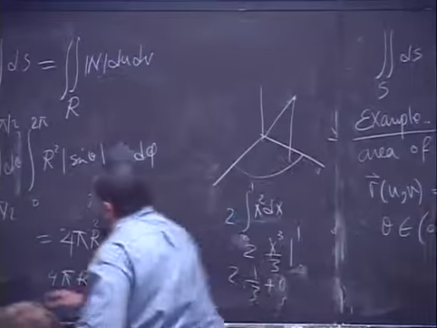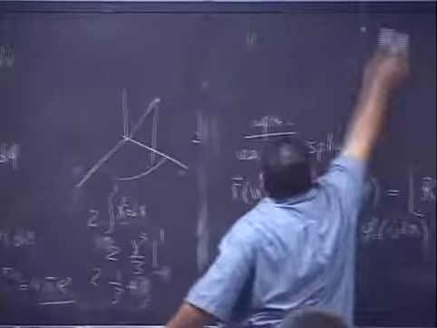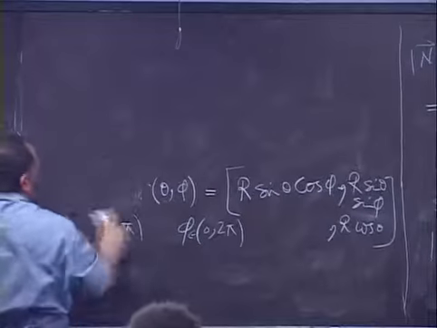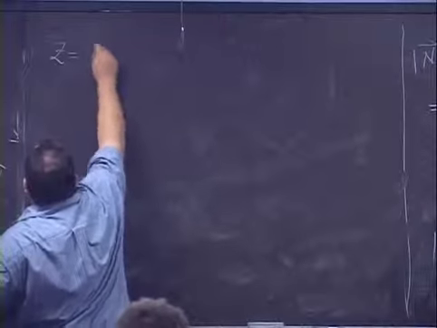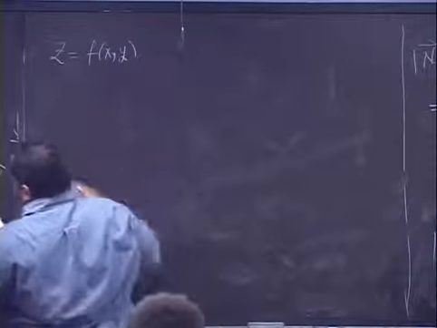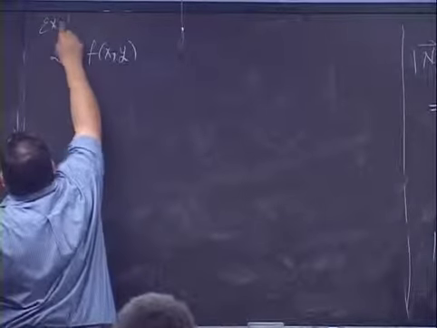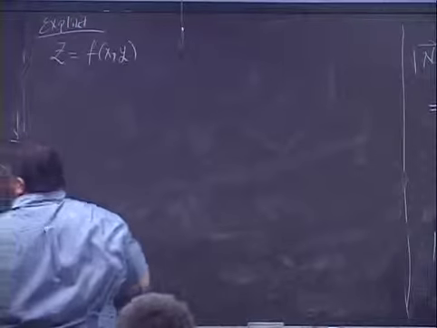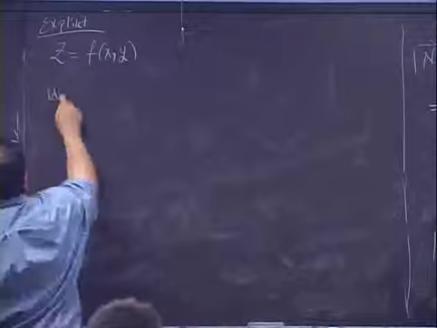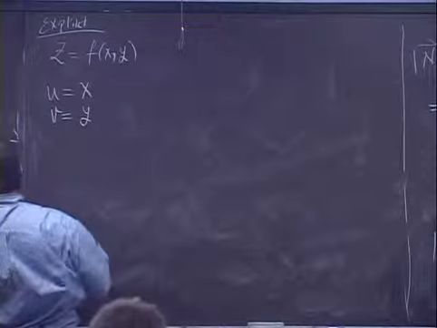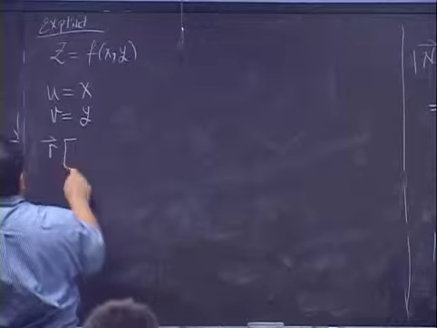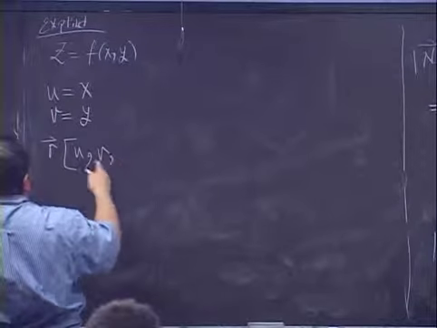Okay, so the last part of today's lecture is this: if you have a parametric representation for the surface that you want to integrate over, but instead you have an explicit representation, and let's suppose that you have a function f of x and y equal to z, and this is an explicit representation for surface S. So we will let again u equal to x and v equal to y, and the r vector will be just equal to x, y, and z.